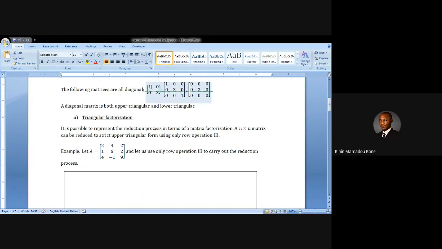So here we say that all the matrices are diagonal because, as you can see, they have values in the diagonal, and for every i, j not being equal, we have zeros as entries. So it's a diagonal matrix.